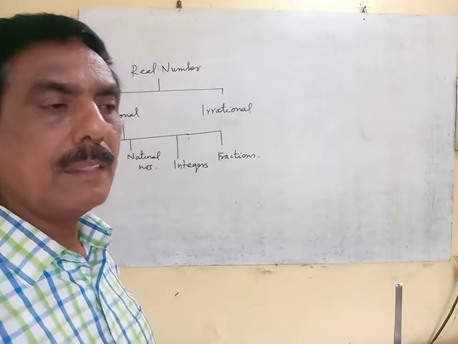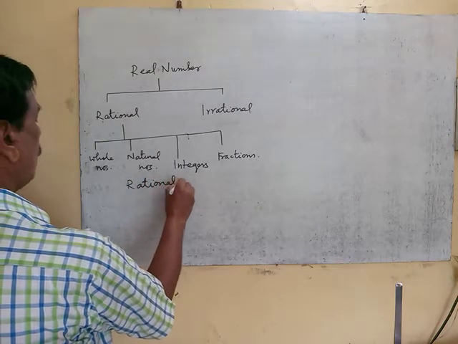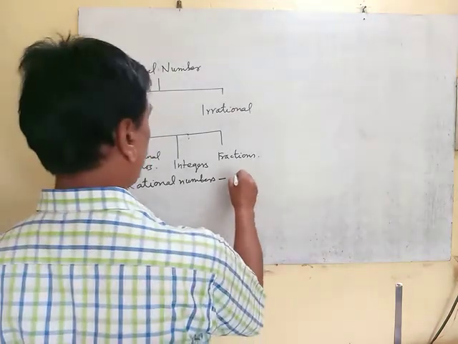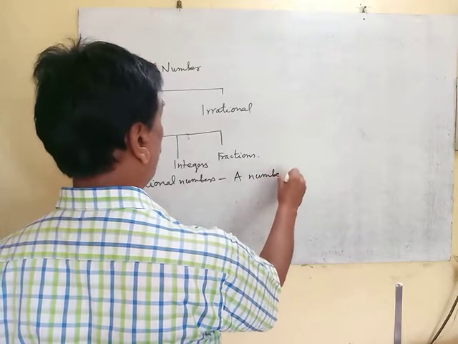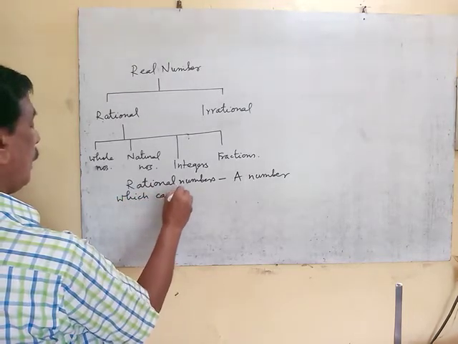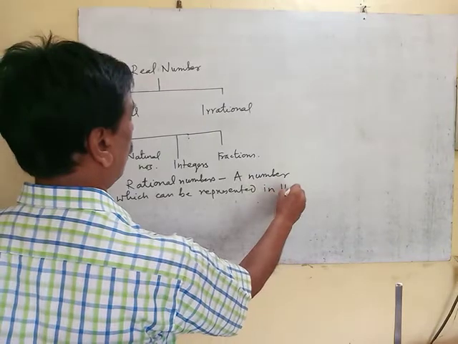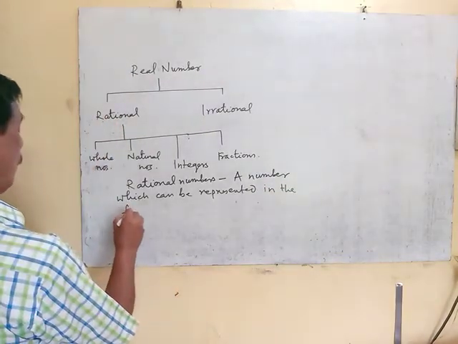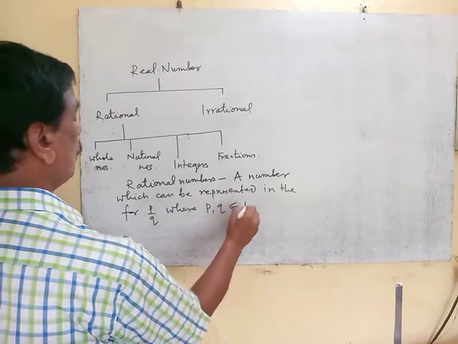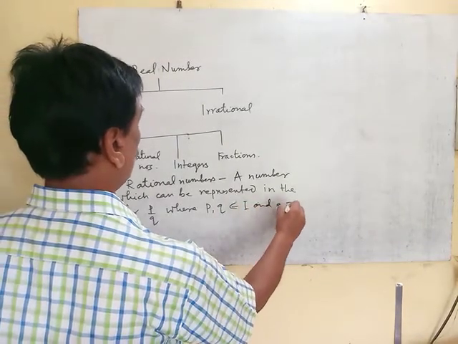So how will you define rational numbers? A rational number is a number which can be represented in the form p by q, where p and q belong to I, I is for integer, and q is not equal to 0.